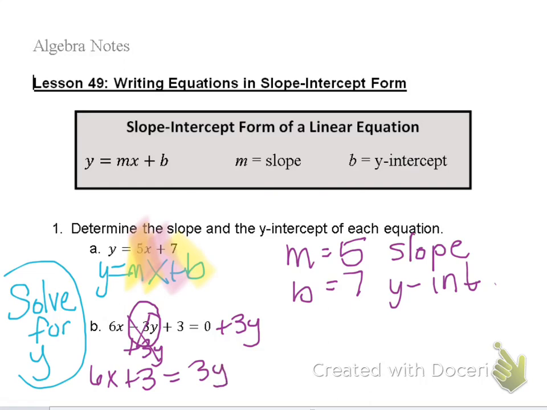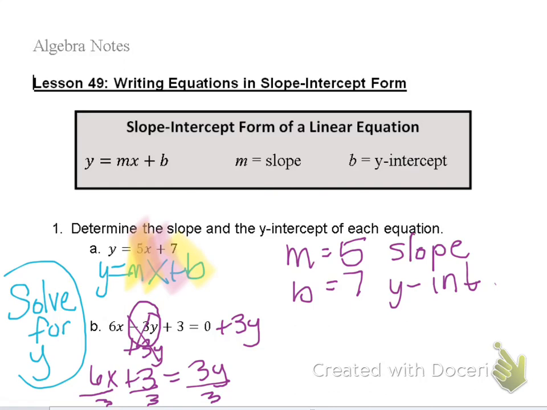Now I'm not done because I still have a coefficient in front of the y, which I cannot have for slope-intercept form. I need to have y by itself. So I do the inverse operation of 3 times y, which is divide by 3. And remember, you have to divide everything by 3, all of the terms in the equation.